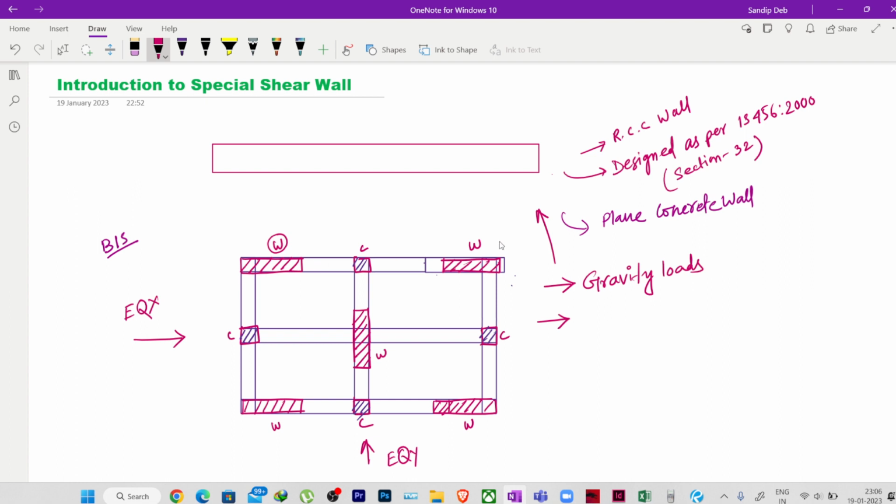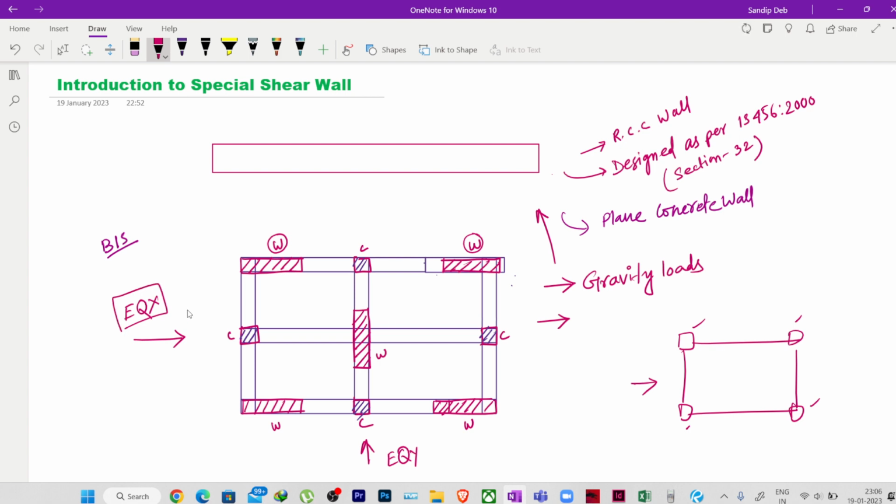Okay, so we have a frame. Basically if we draw a column beam frame, and even if there is lateral force, these columns will be taking those lateral forces, right? So these columns and the beams are the elements which are resisting the lateral forces. But here in this frame, we are designing these walls in such a way that these walls are also taking the lateral forces.